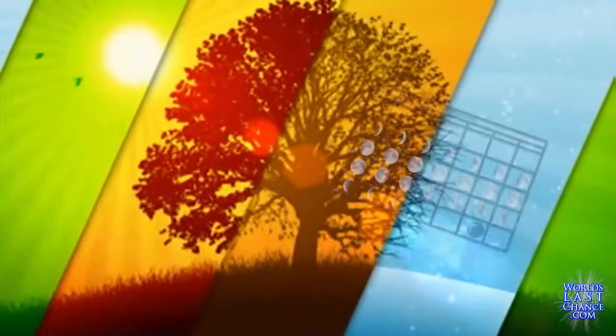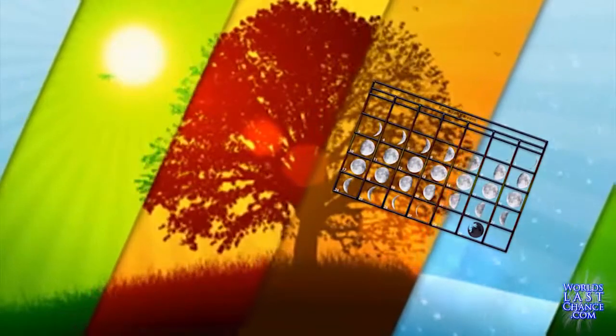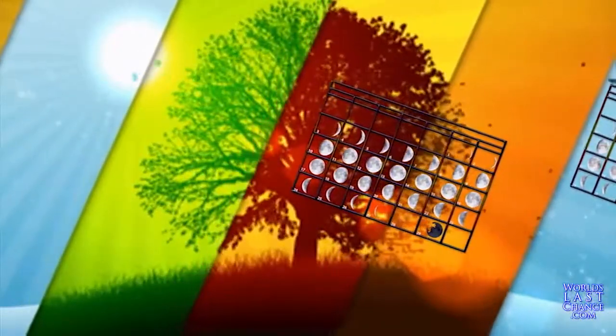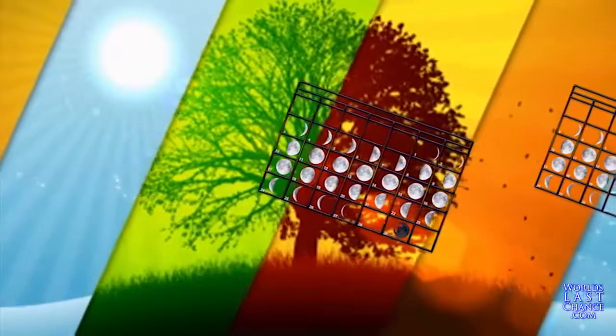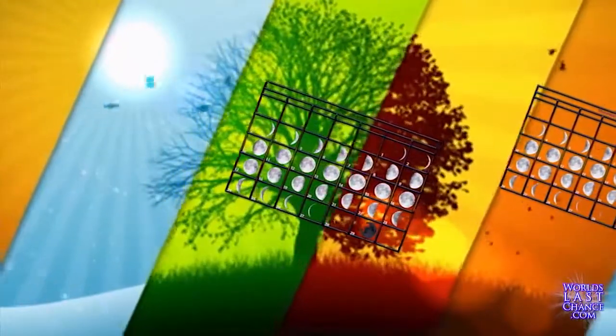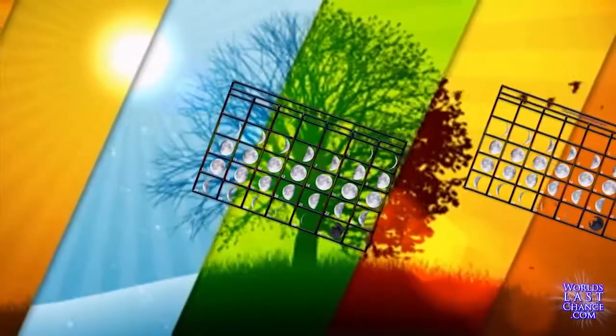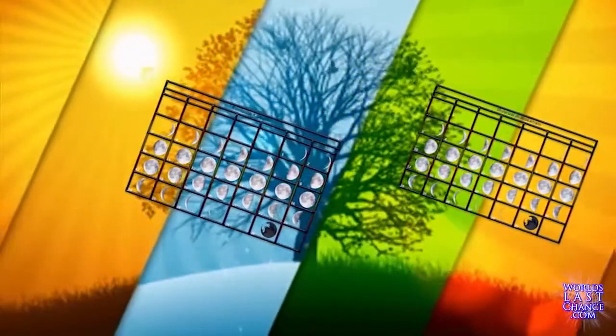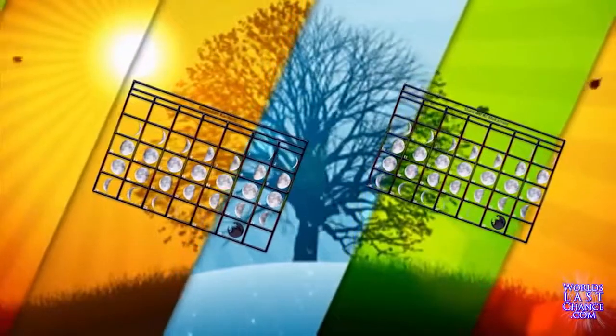Months, which begin the first dawn after conjunction, cycle continuously without adjustment to the solar year. Because 12 lunations are 11 days shorter than a solar year, lunar months float through the seasons.